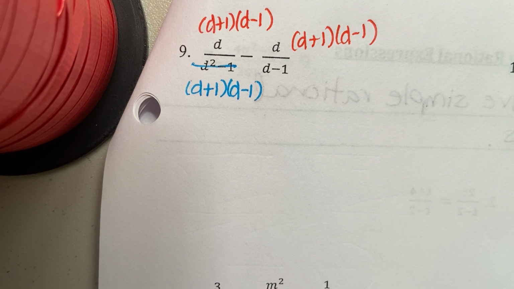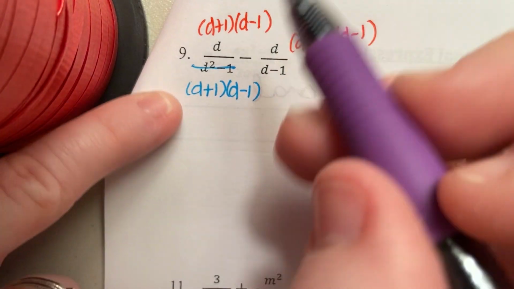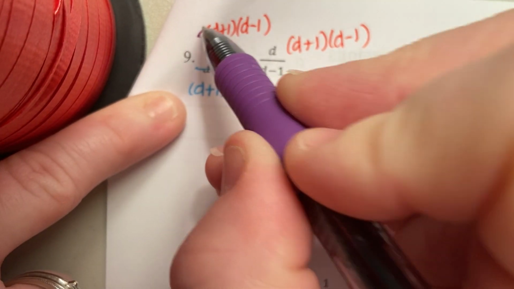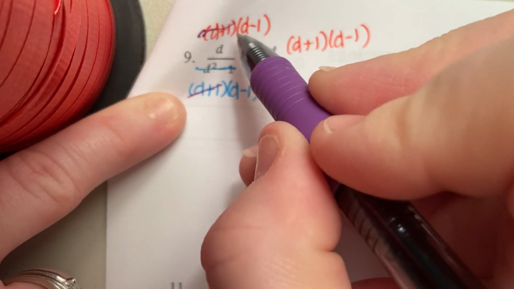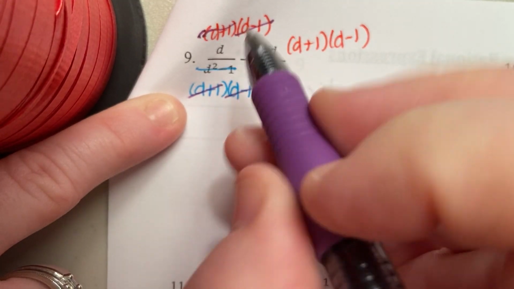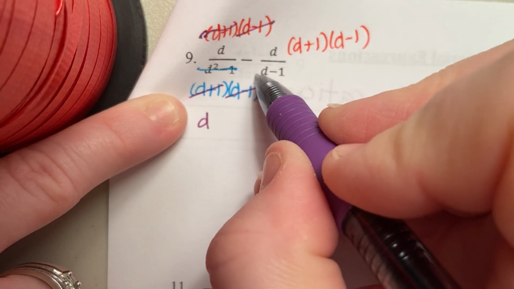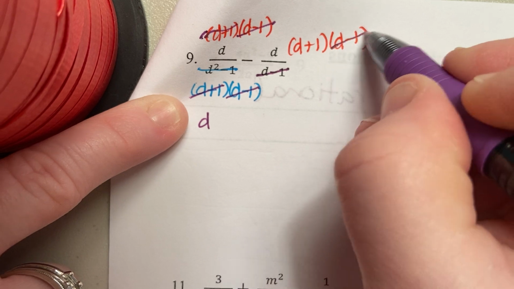Now I'm going to cancel out my terms. I'm on step 4 to cancel, and it's going to cancel out my denominators temporarily. So here, d plus 1 cancels d plus 1, d minus 1 cancels out, and that leaves me with just d. Now on the right side, d minus 1 cancels the d minus 1.